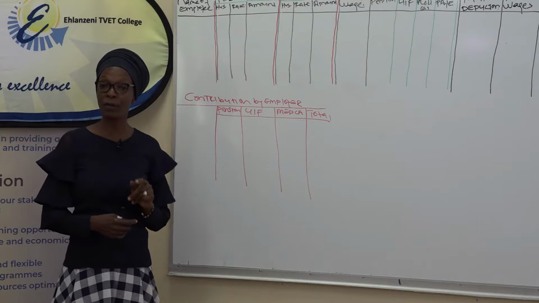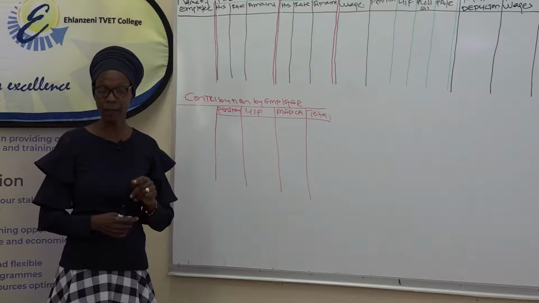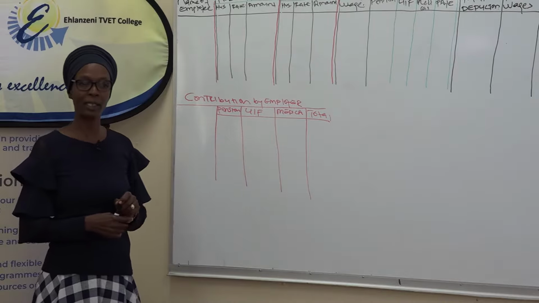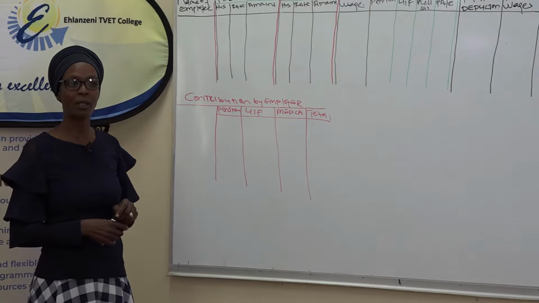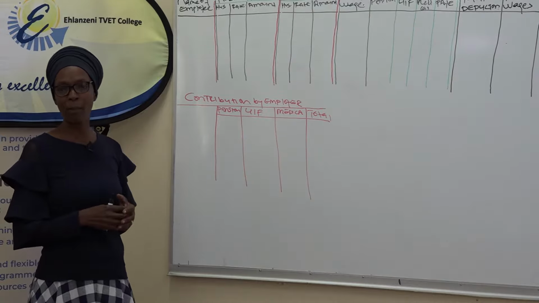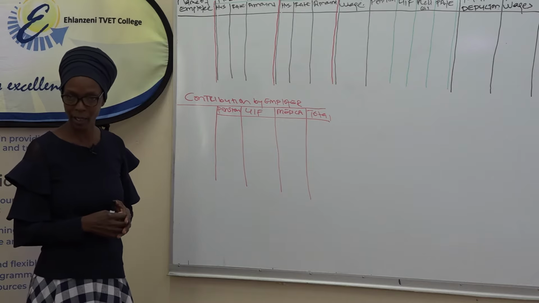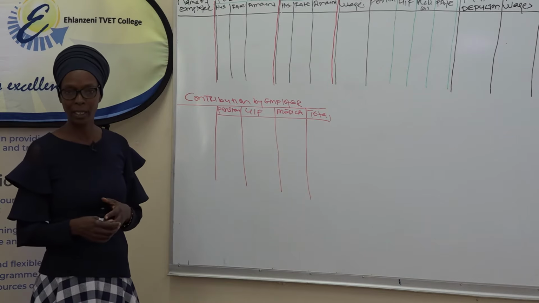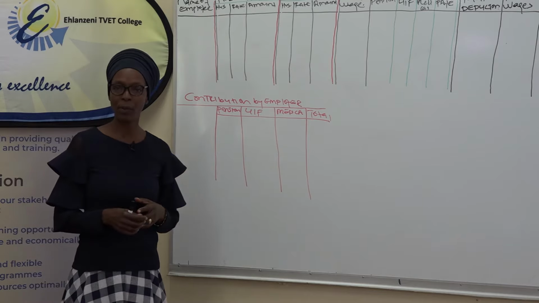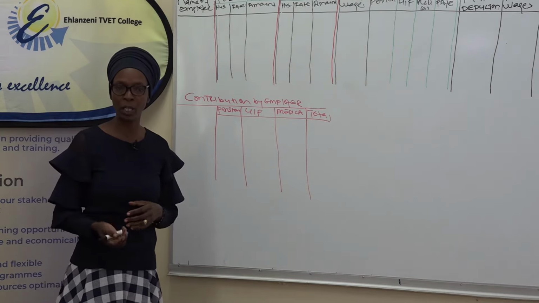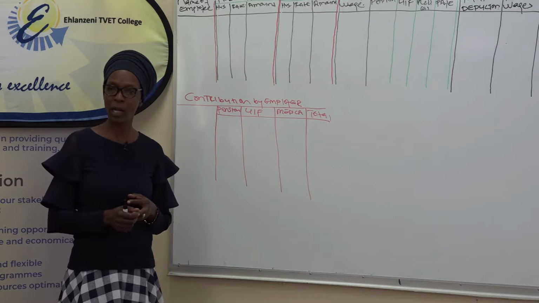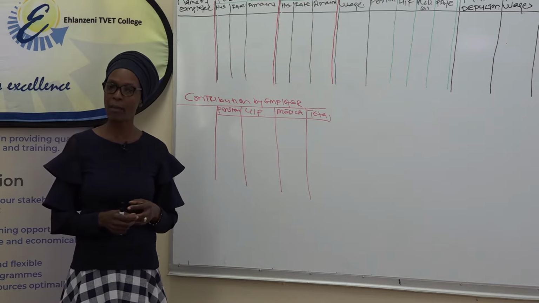Then each and every organization has a normal time. In most cases, they stipulate that all the workers are supposed to work 40 hours a week. You find that there are employees who work beyond that. If there are employees who work beyond the normal hours as stipulated, those hours fall under overtime hours.